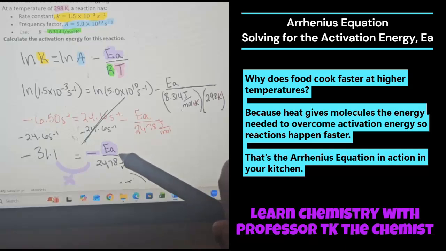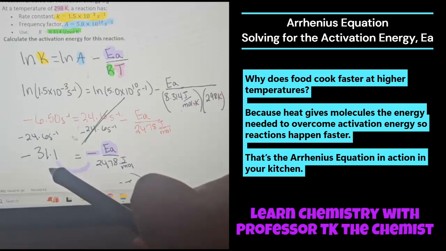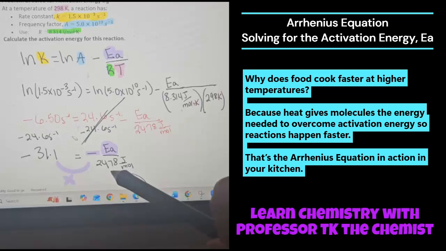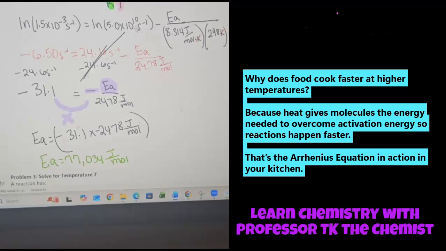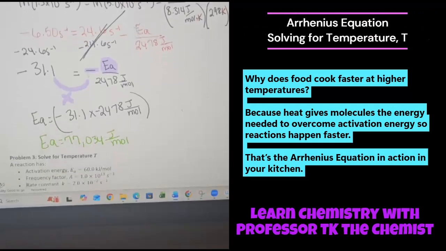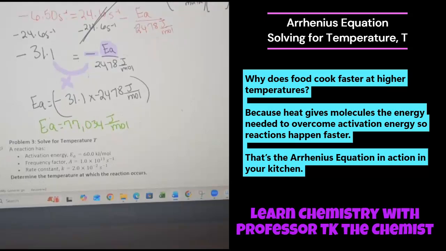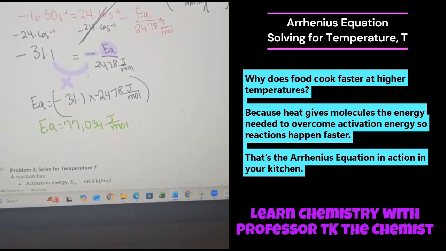See, you're looking for the E of A. So you multiply the 31.1 times 2478. And just like that, here's your E of A. Your activation energy equals 77,034 joules per mole. Let's go ahead and do the next one, number 3, which is a temperature problem, okay?